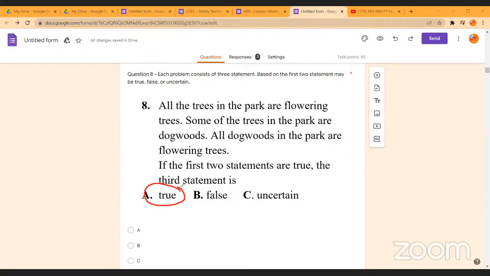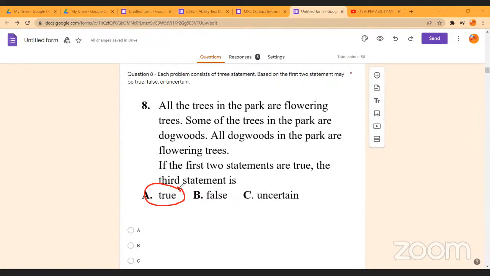Hold on. Let's go with that word again. Like you're saying flower, flowering. Go again. All the trees in the park are flowering trees. Hold on. Say flower. Like when you say we're going to the shop to buy flowers. This flower though is not the flower that you buy at the shop. It's a flower like the plant. So say flower for me.